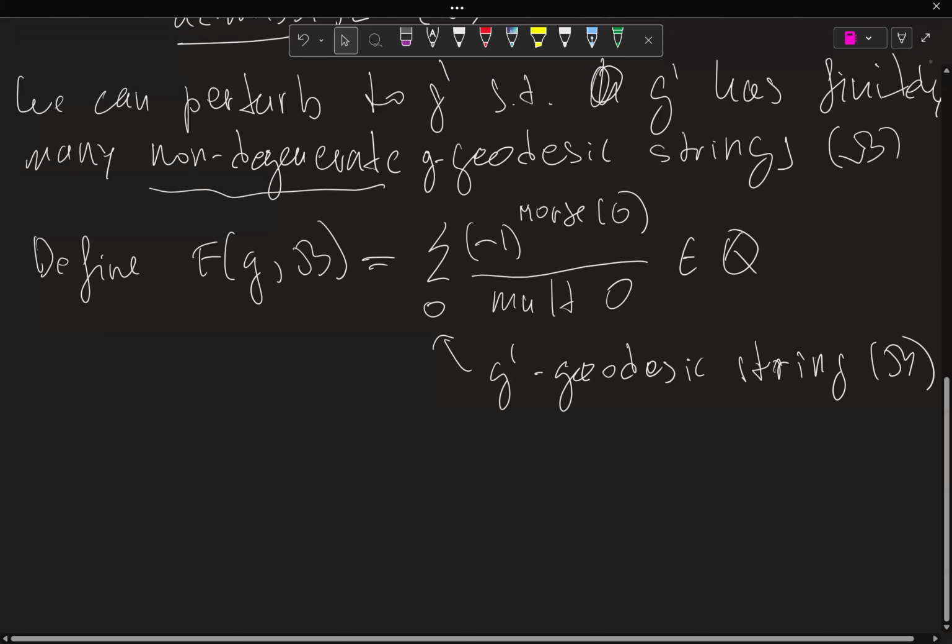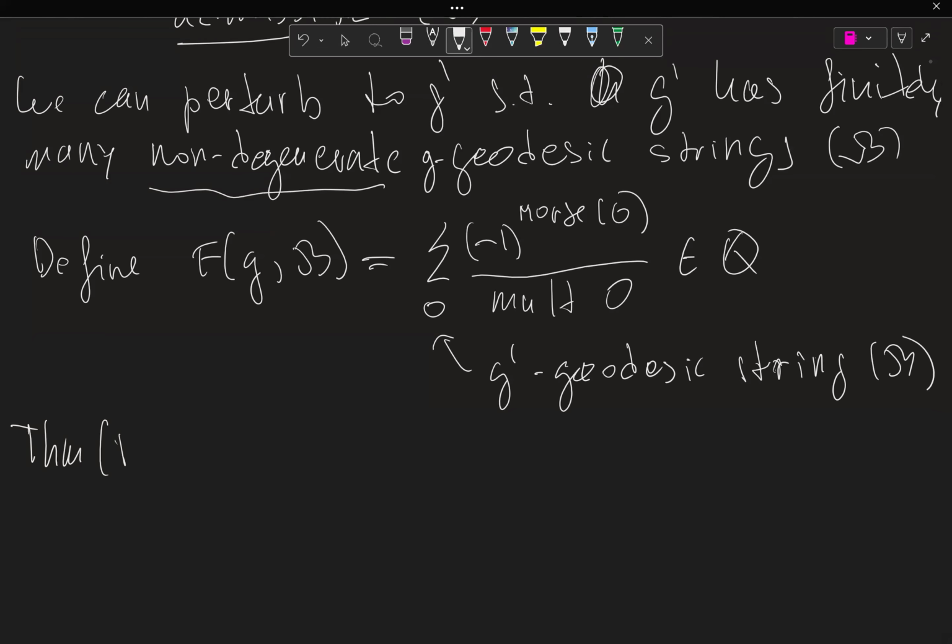The first thing we need is a theorem of Fuller, that this is actually well defined.